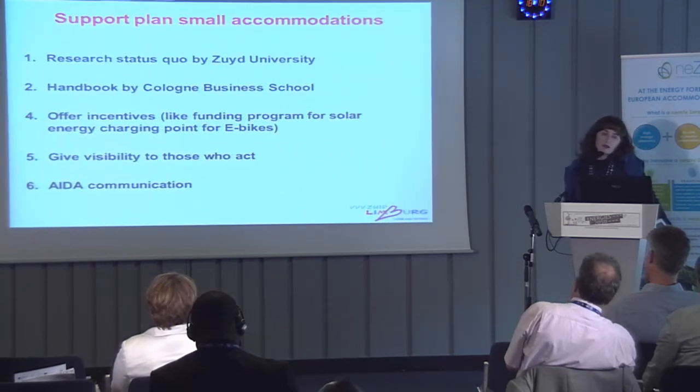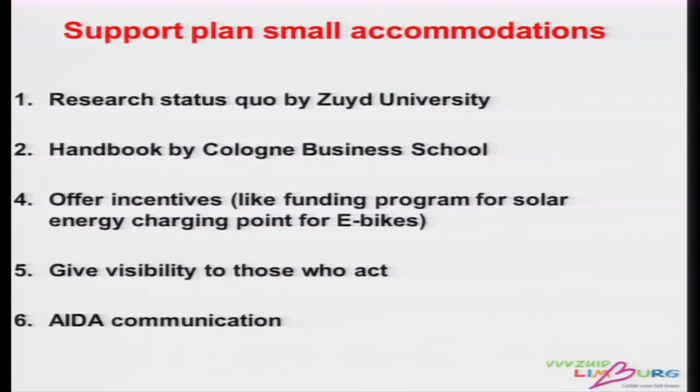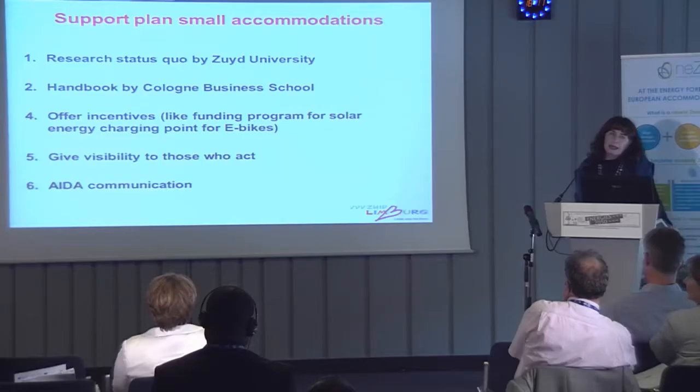So how did we support those small accommodations, those papa and mama companies, where father and mother are working with 2 or 3 people, trying to survive, not able to read mails, not able to do anything, working till late at night, cleaning the whole stuff? How do you manage to get them sustainable? First, we did some research by our own NHTV University and asked them, what would be possible for you?